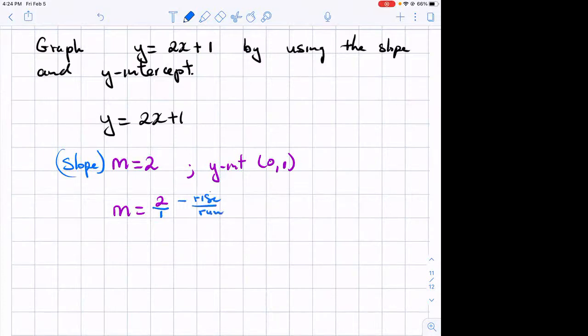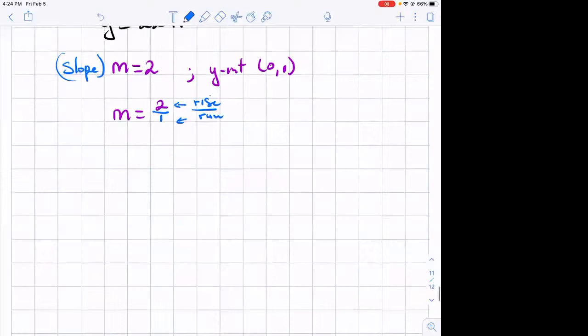Formula you will see later. Okay? The bottom number is the run, the top number is the rise. And we can use this to graph equations of lines. Okay? Now remember, you only need a minimum of 2 points to get a straight line. Okay? And that's what I'm going to do.